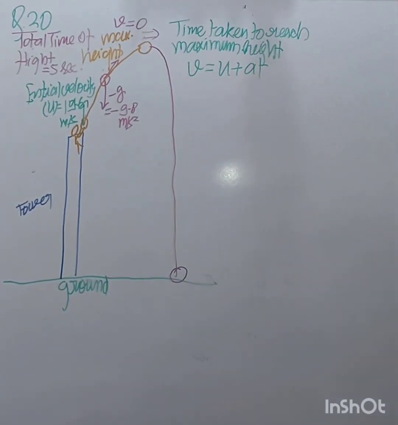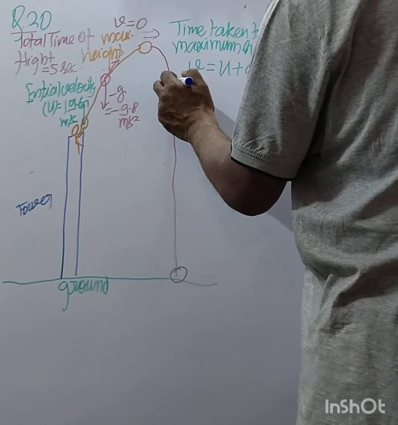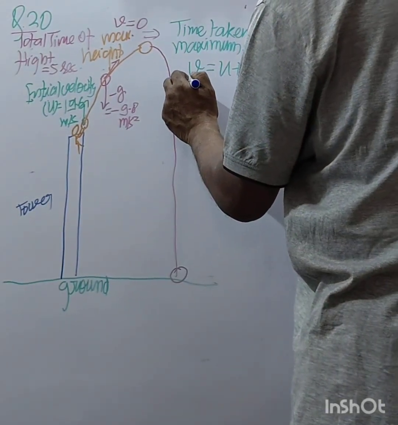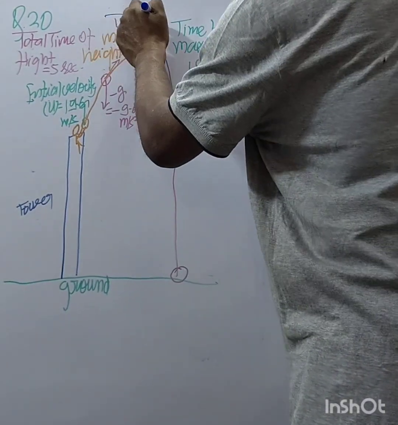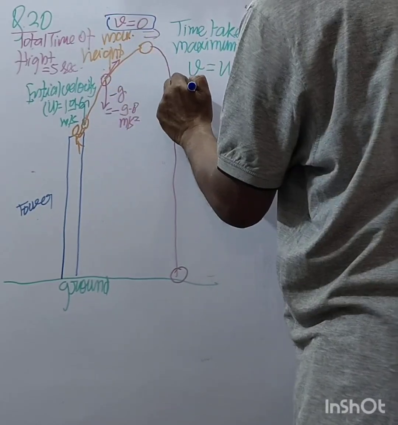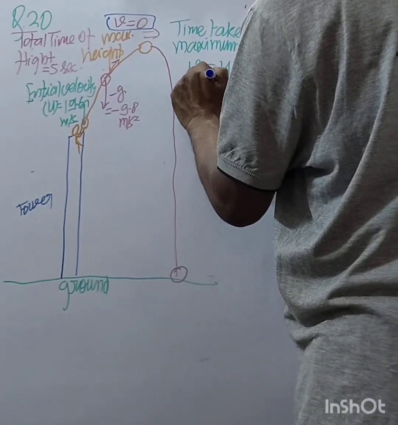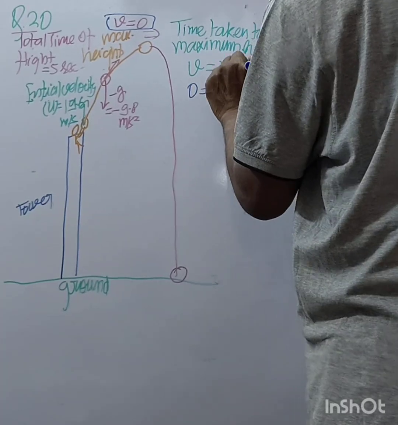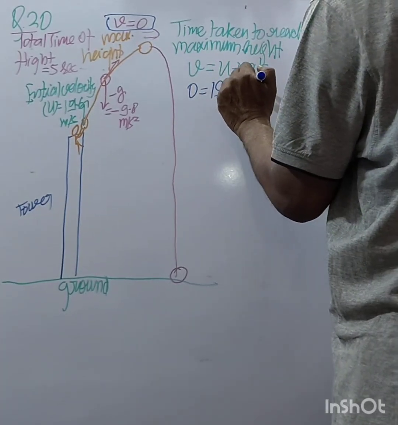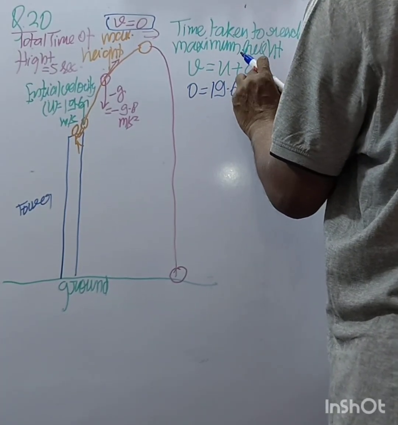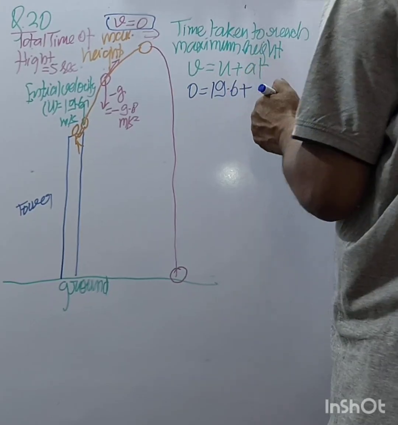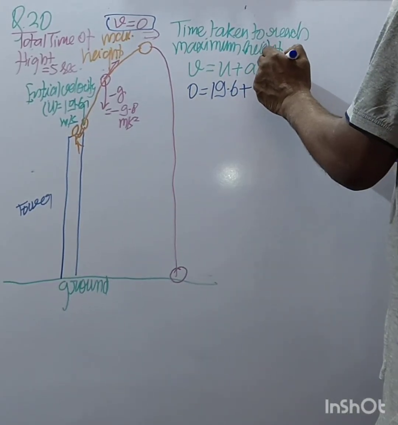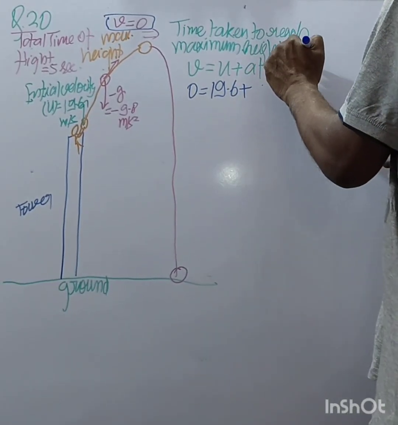Here v is 0. So 0 equals 19.6 plus a, and a will be equal to g.